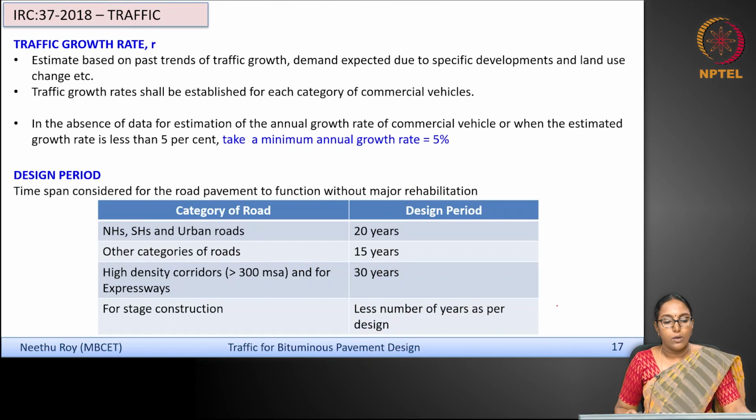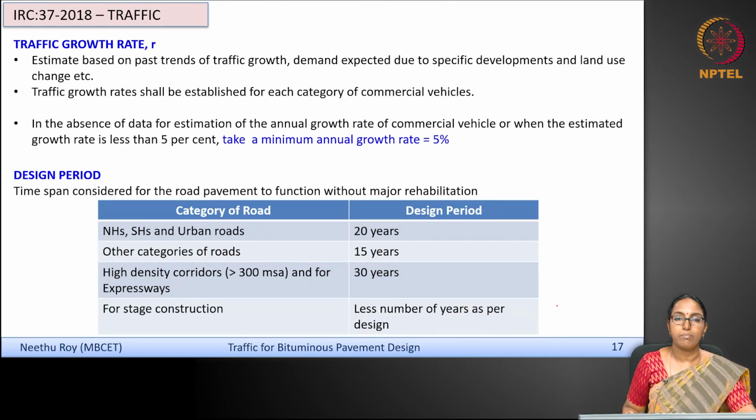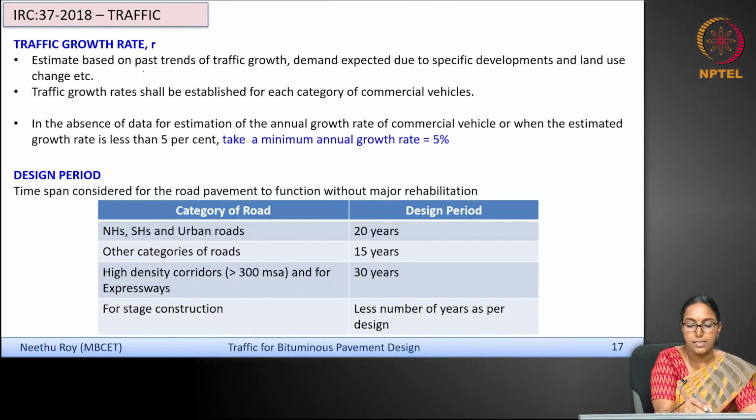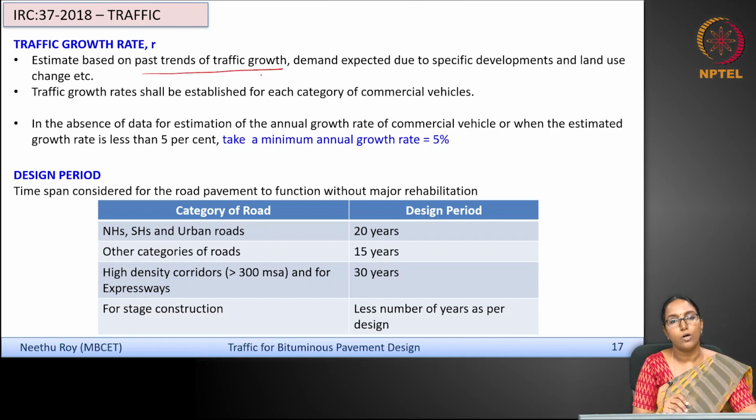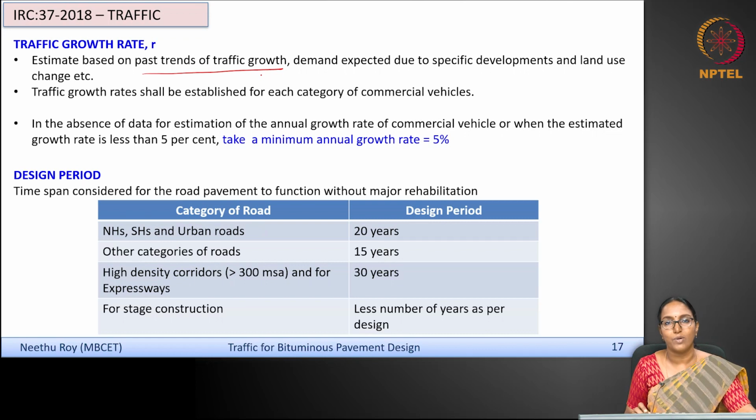Okay. Now the traffic growth rate, as I already mentioned, can be estimated based on the past trends of traffic growth, and also what is the demand that is expected due to specific development and land use change, etc. This traffic growth rate need not be the same for all classes of vehicles. Like for one truck type, it may be different from another one.